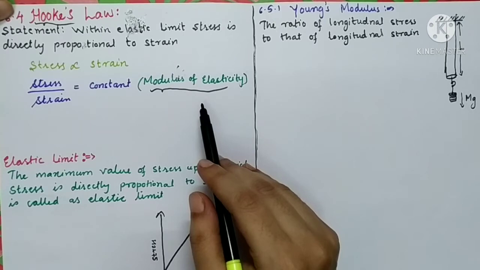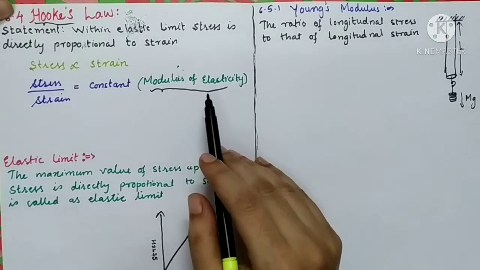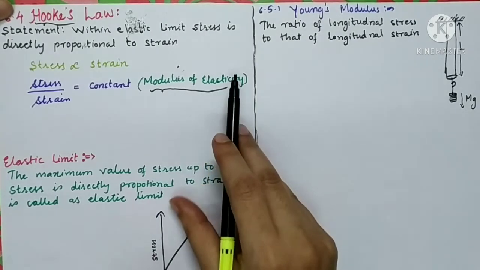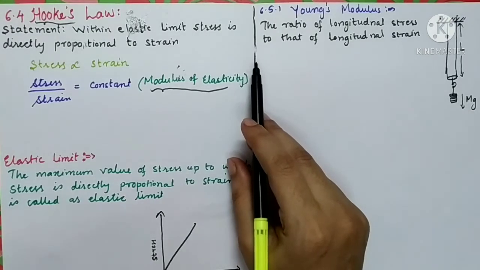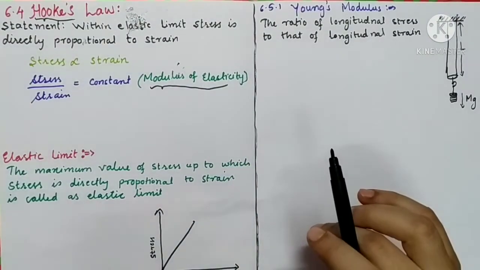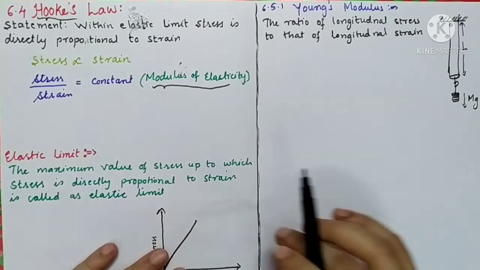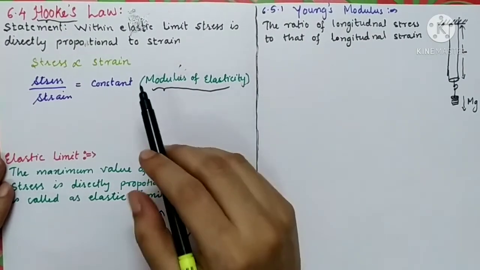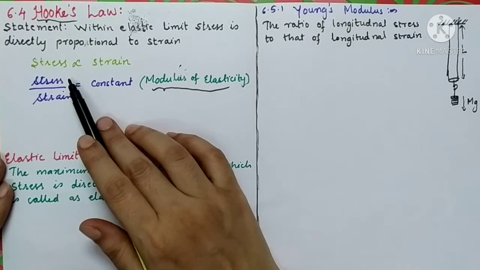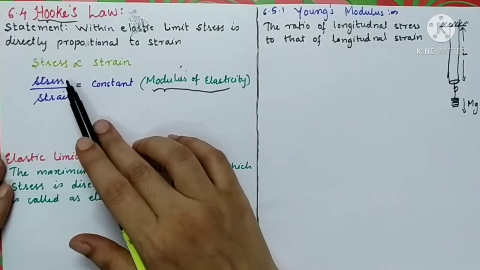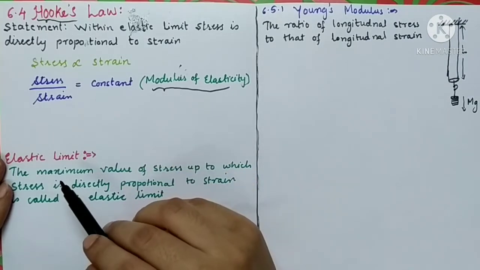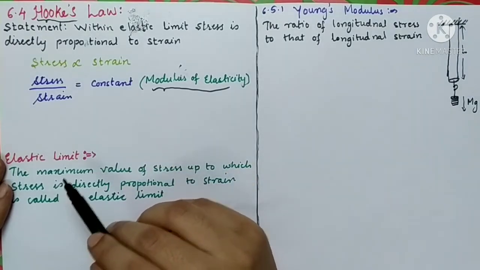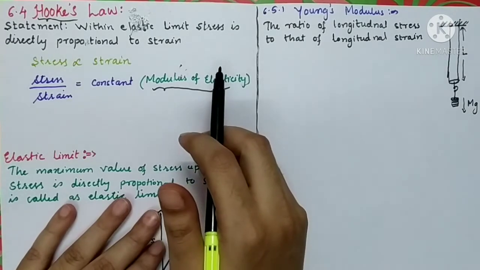And when we consider the change in shape of the object, then the modulus of elasticity will be called modulus of rigidity. So this ratio, stress upon strain, is constant, and this constant is called the modulus of elasticity. Let us see what is elastic limit.